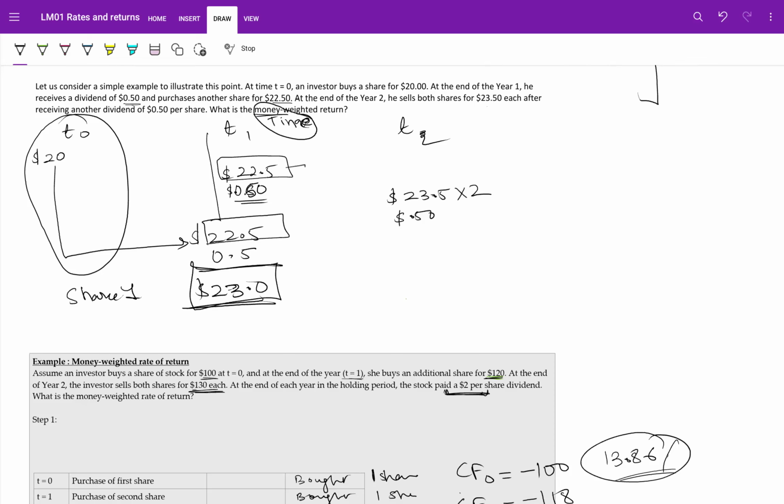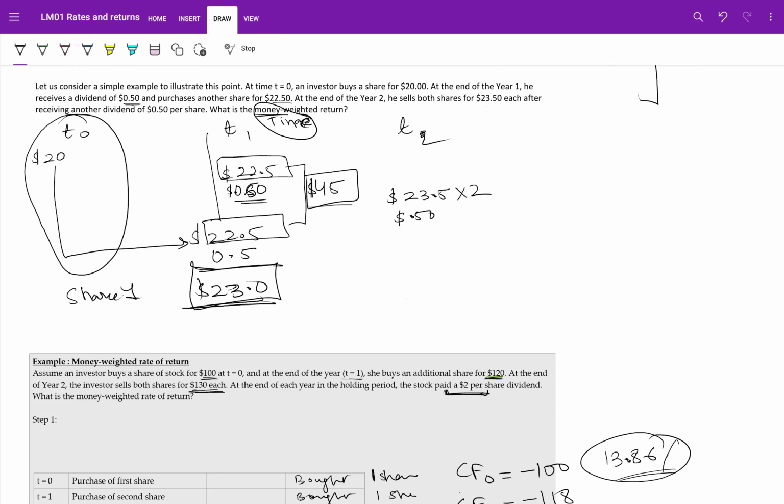If we look at these two values, the total amount we have invested here is $45, and a dividend is received of 50 cents at the end of time one also.